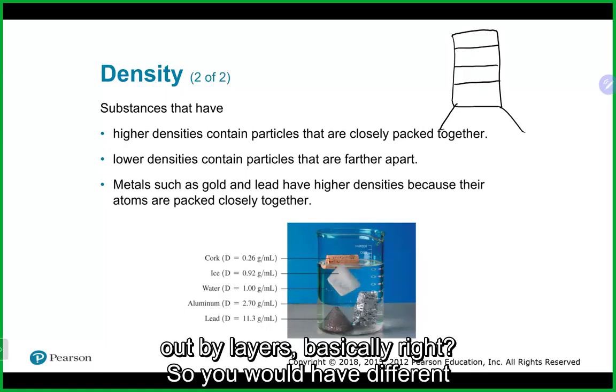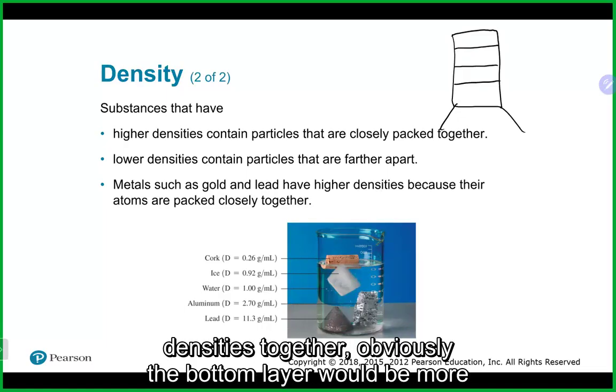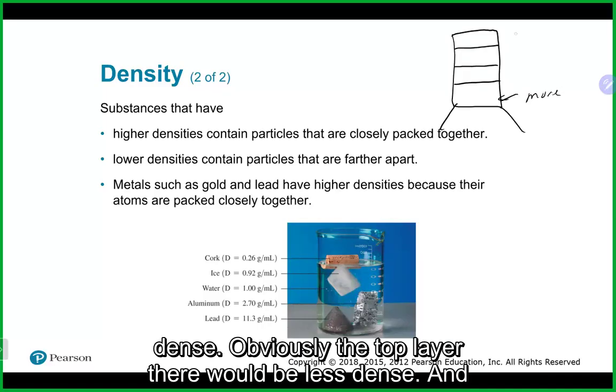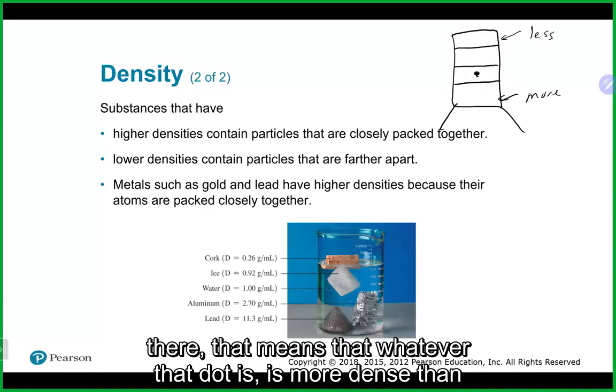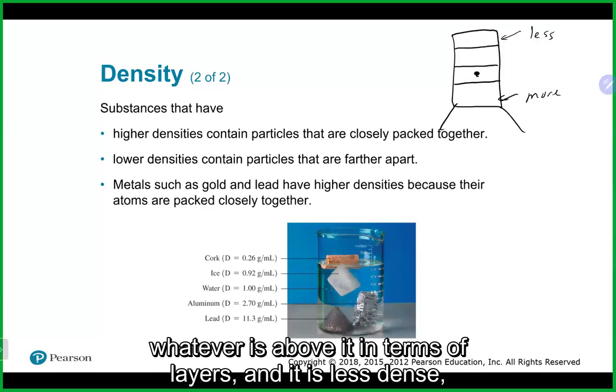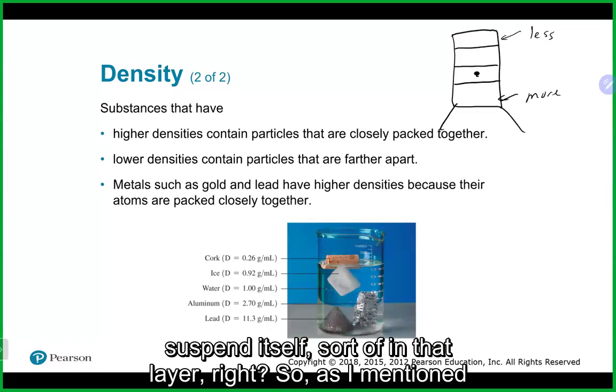So you would have different layers if you put solutions of different densities together. Obviously, the bottom layer would be more dense, and the top layer would be less dense. If you put something in it that floats right about there, that means that whatever that dot is, it is more dense than whatever's above it in terms of layers, and less dense than anything below it as well. So it just suspends itself in that layer.